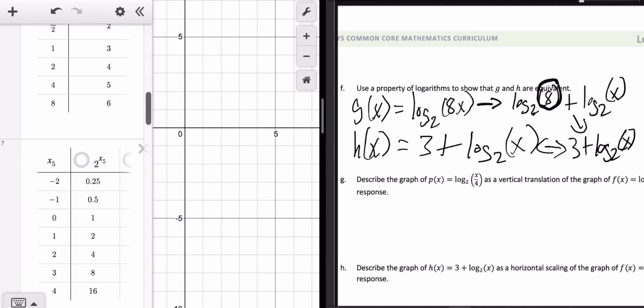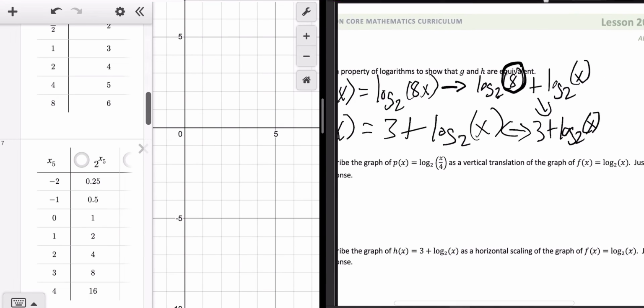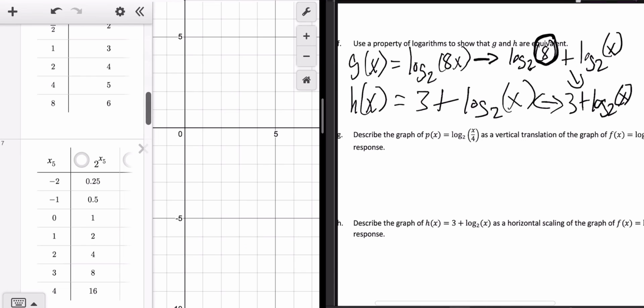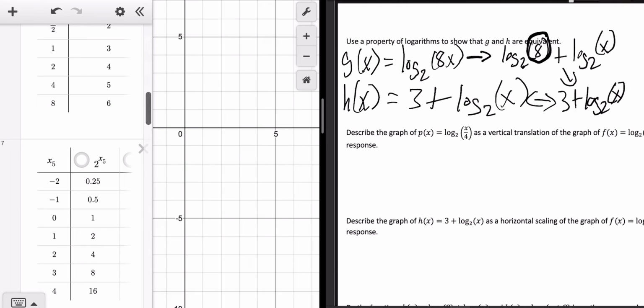Now, G says describe the graph of p of x equals log base 2 of x divided by 4 and justify your answer. Well, what's happening here? If we were to break this apart, we'd have log base 2 of x minus log base 2 of 4.